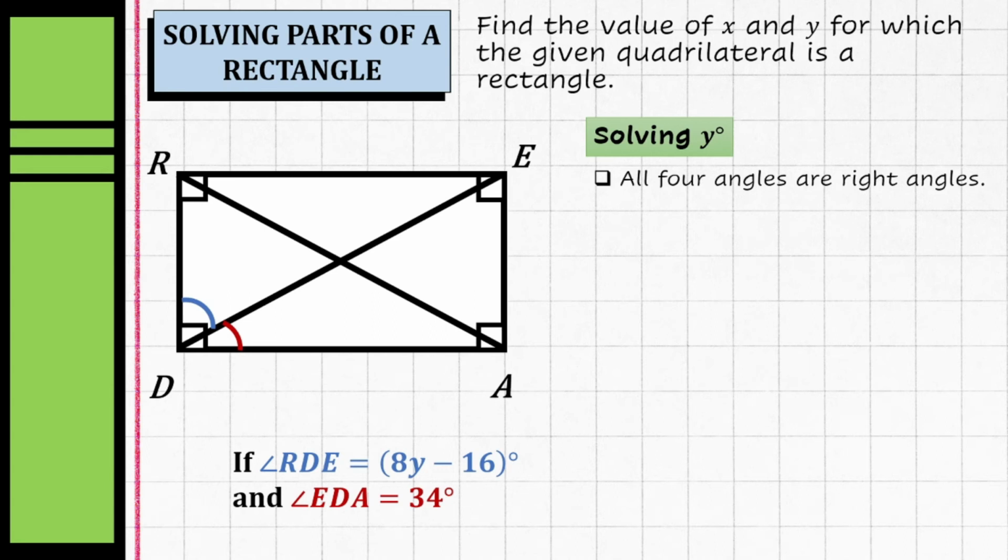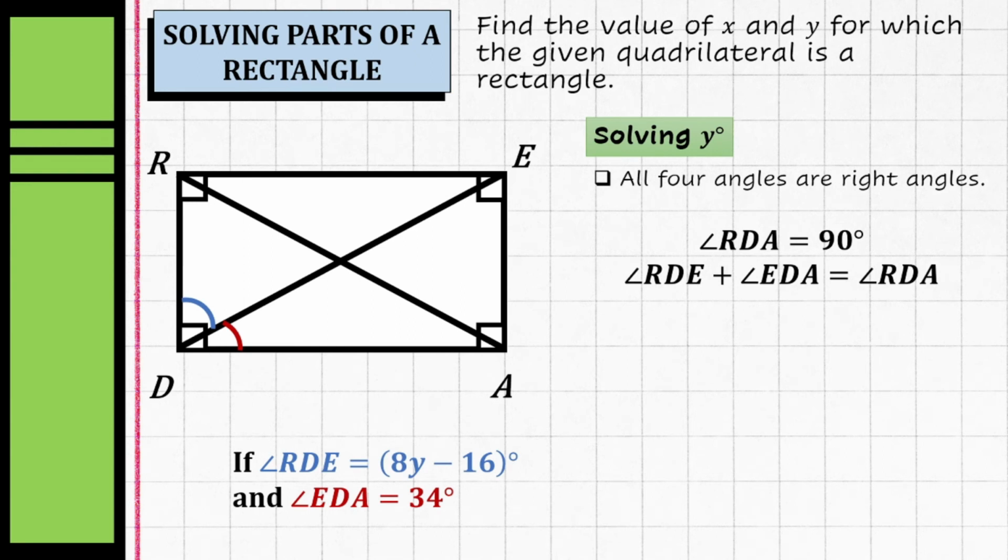Knowing that angle RDA is equal to 90 degrees, if we add the two angles, RDE and EDA, it will be equal to our angle RDA.